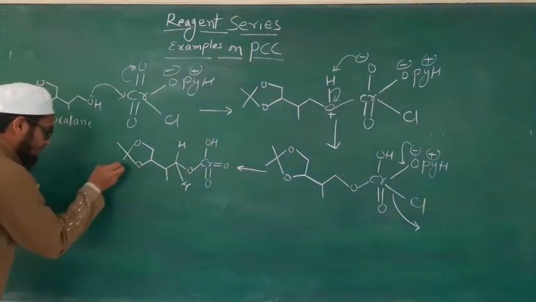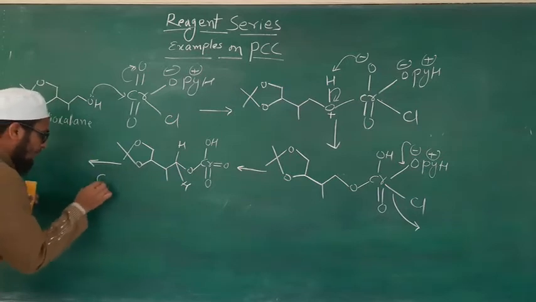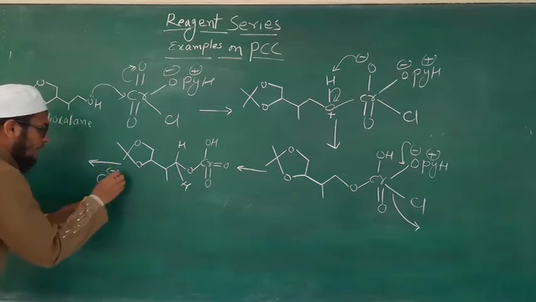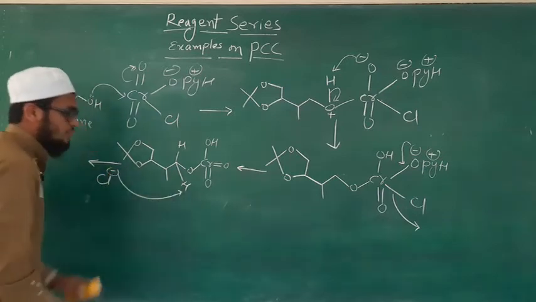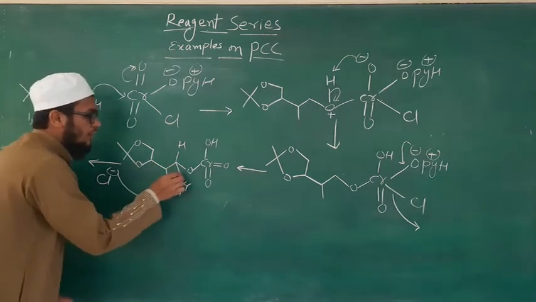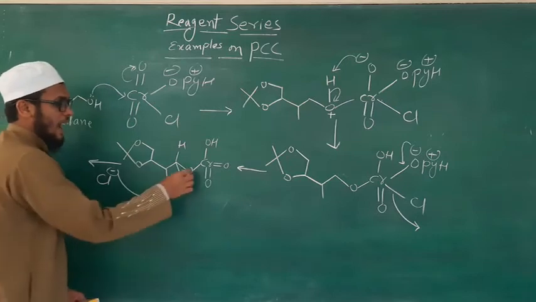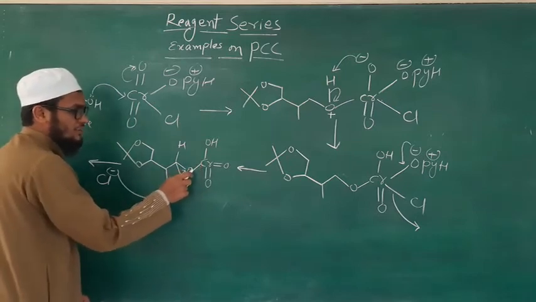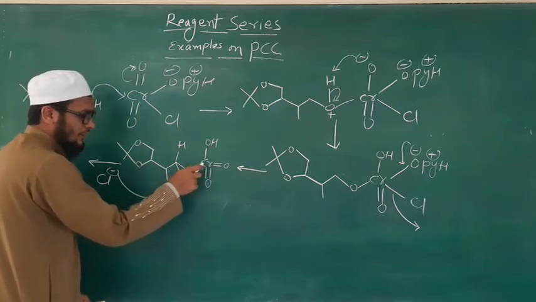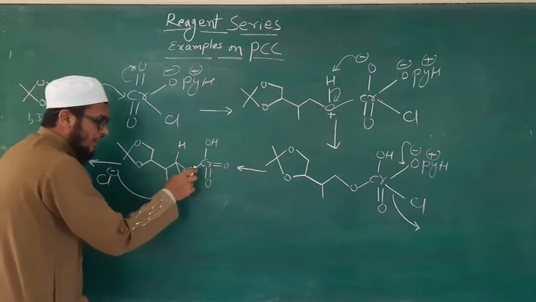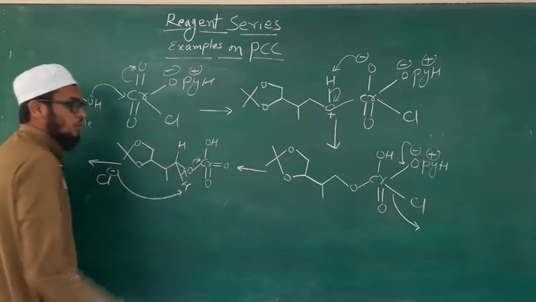Now in the next step, what will this chloride ion do? It will extract this hydrogen, and this carbon-hydrogen bond electron will turn towards the carbon-oxygen double bond. And look at here, this oxygen and chromium have a bond, so this bond electron will move towards chromium.